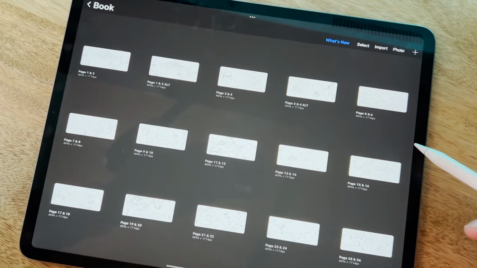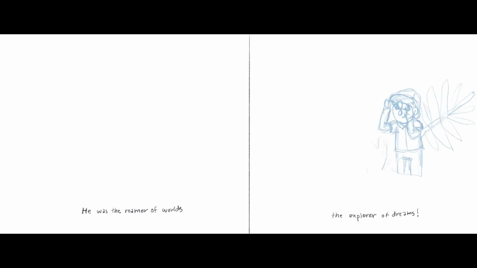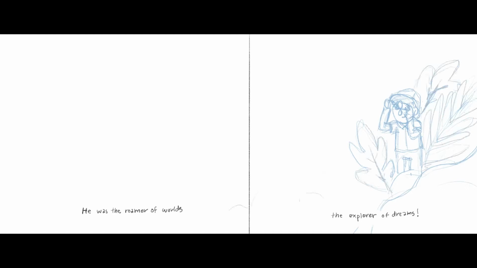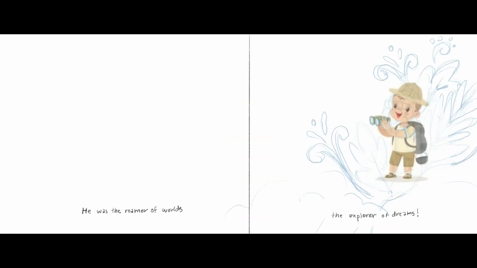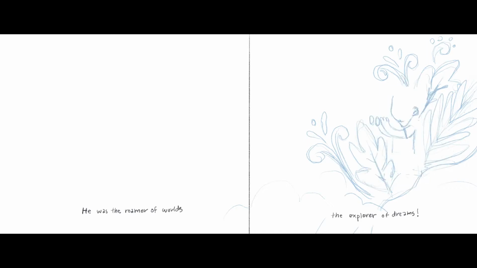So let's get started. Okay, so with this page, I'm trying to do a layout based on the words, "He was the roamer of worlds, the explorer of dreams." So obviously to start out, I want some type of explorer outfit. And I think I pulled in a piece of clip art. Yeah, I have a piece of clip art here that I'm kind of using as reference for perspective.